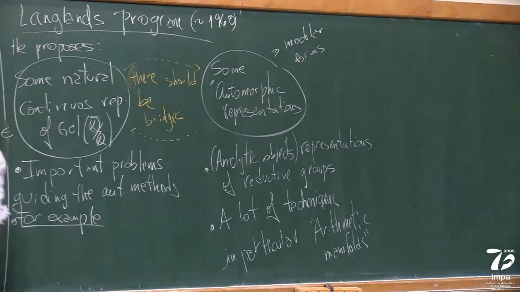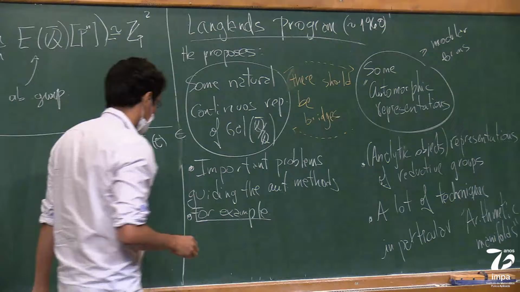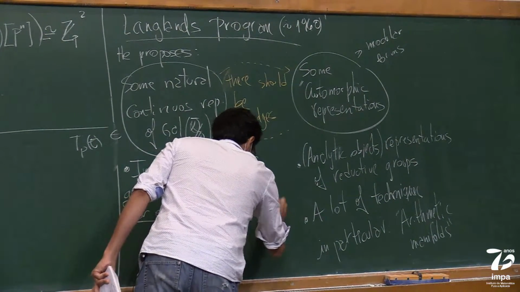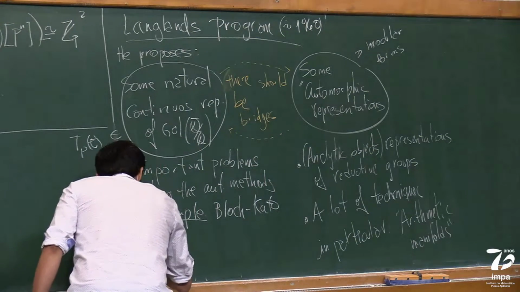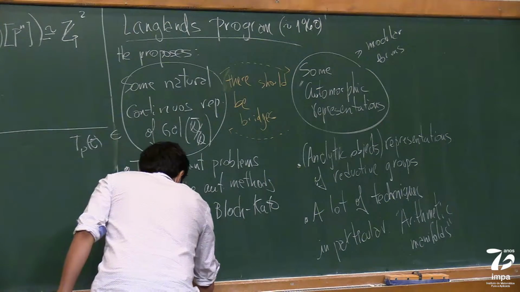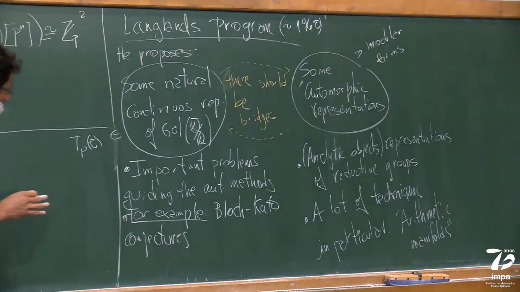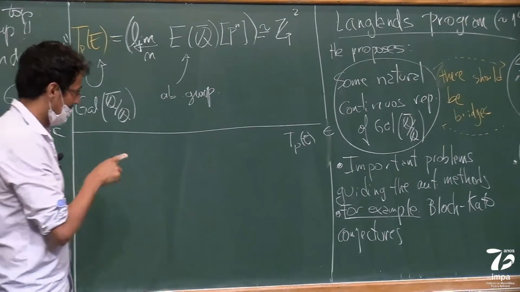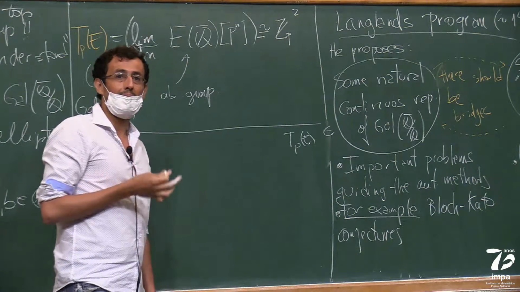One example of important problems are the Bloch-Kato conjectures. I think there are two kinds of Bloch-Kato conjectures. One more K-theory, that I know nothing about, but these Bloch-Kato conjectures are related with L-values.